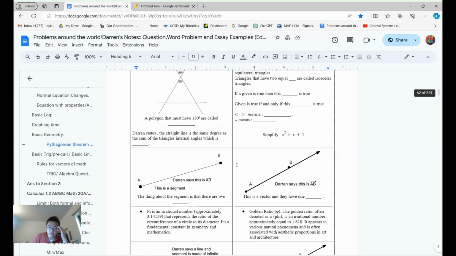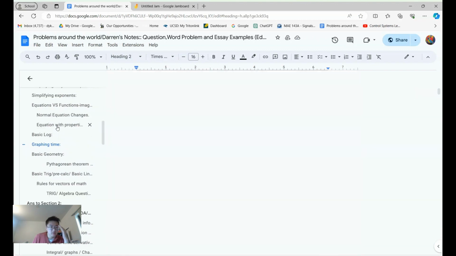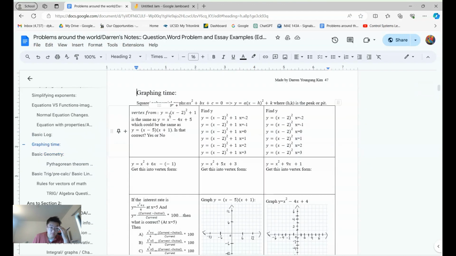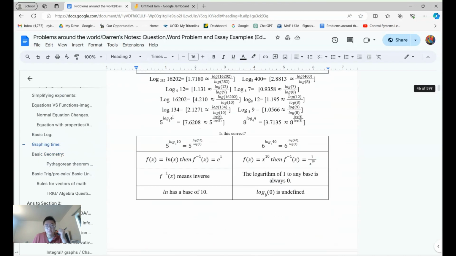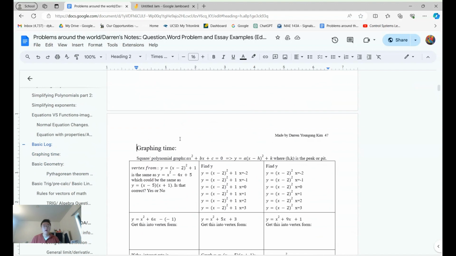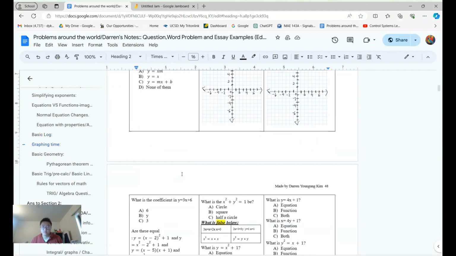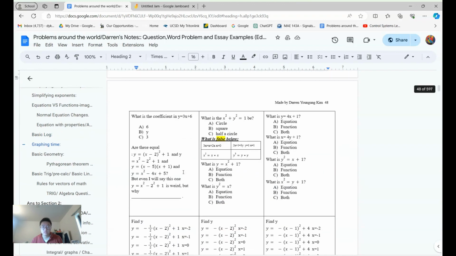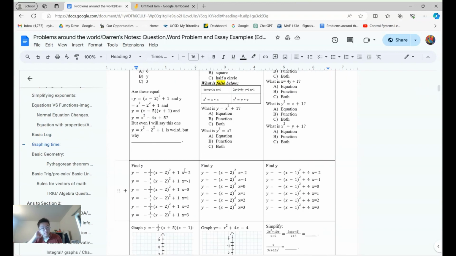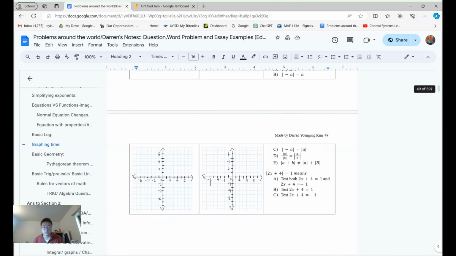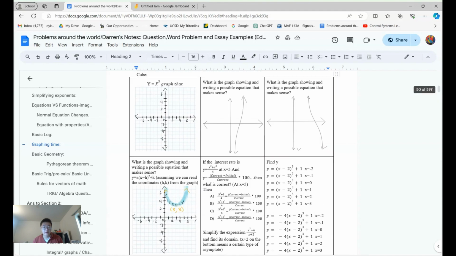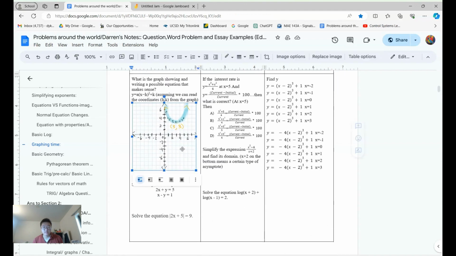Oh my god, fixing this up will be a pain. Graphing time fixing is going to be a pain too. There's a few things I want to put in here that would change this question immensely, but a lot of work is going to be needed to change this. Oh, I remember making this, that was a pain.